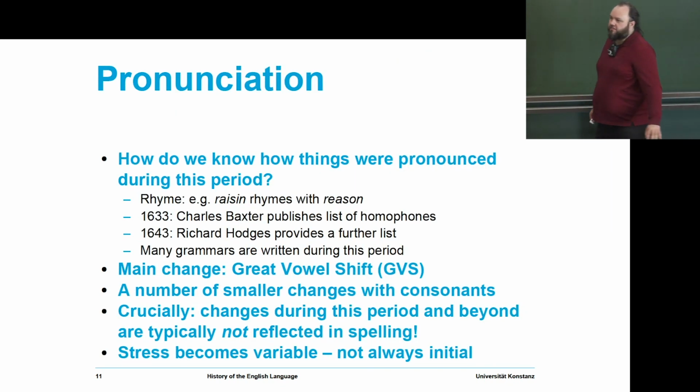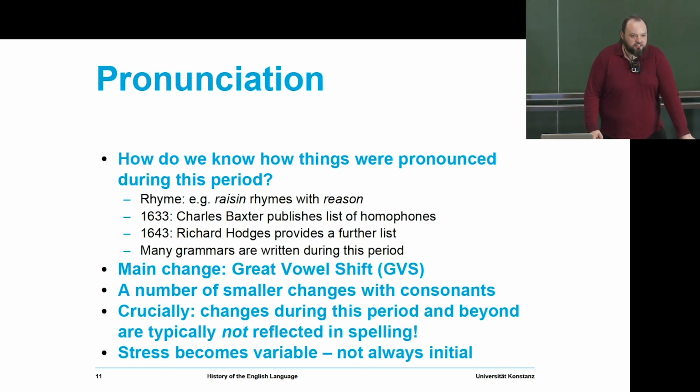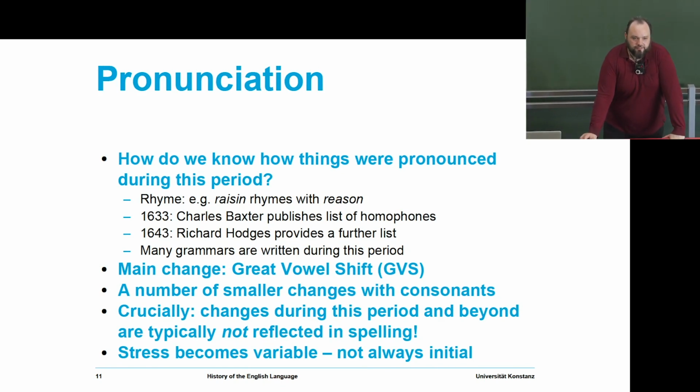Okay, pronunciation then. Although the spelling of early modern English looks like the spelling of today, this actually hides the fact that the pronunciation was quite different, and we know that it must have been different. We know that for a number of reasons.